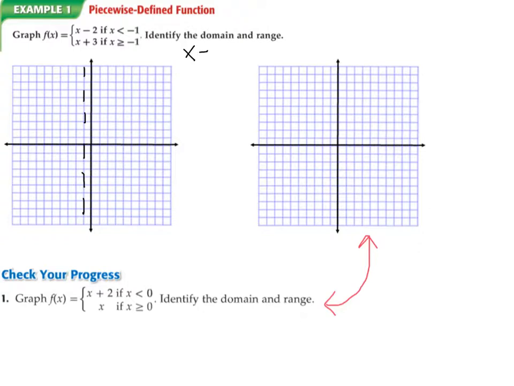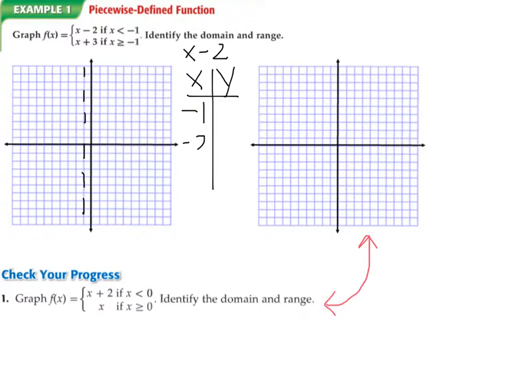I'm going to label at the top that we're doing x minus 2 for this one. And when we create this, we always want to start with whichever value they gave us. In this case, they gave us negative 1. So we want to start with negative 1. And since these values are going to be less than negative 1, we want to choose a couple other values that are actually less than negative 1.